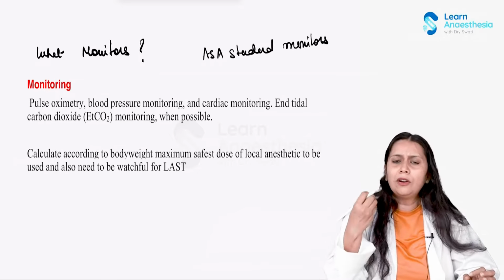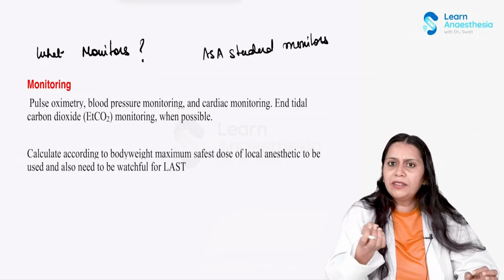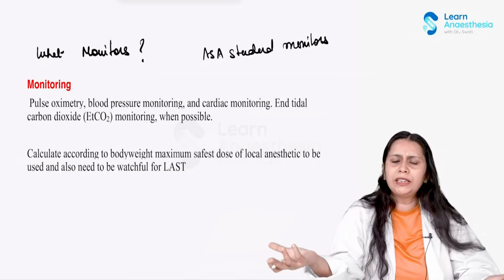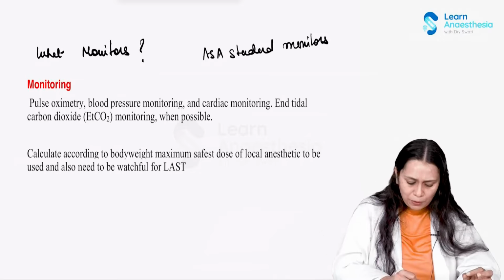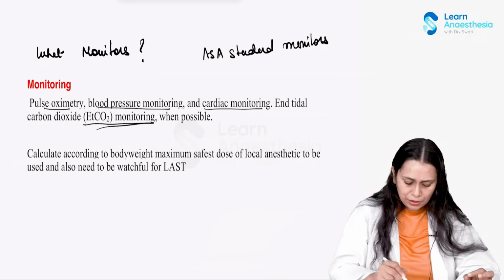There are a lot of ways by which we can put capnography through the oxygen delivering device. We can attach the capnography and we can see the reading. And after the procedure, definitely capnography should be available for the confirmation of the airway device. So, pulse oximetry, blood pressure monitoring, cardiac monitoring, the ECG, and ETCO2, right?